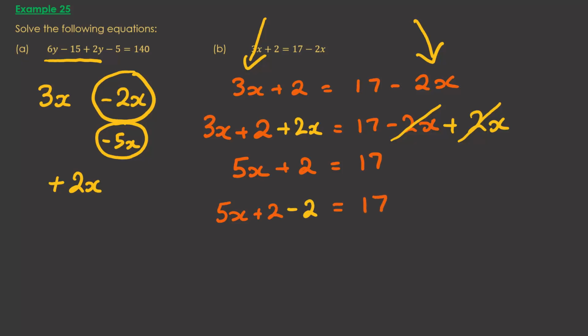If I do that on the left, because I'm balancing, I have to do the same on the right. So that leaves me with 5x equals 15. And now the thing to do is divide both sides by 5. And that will give me that x is equal to 3.